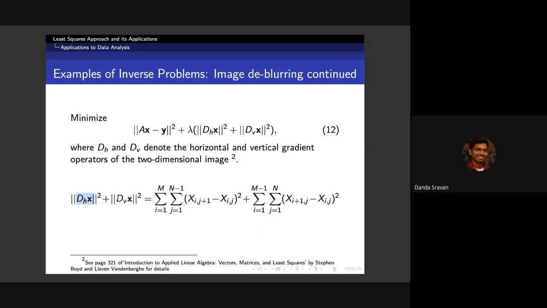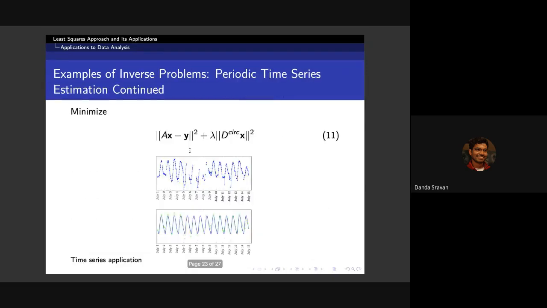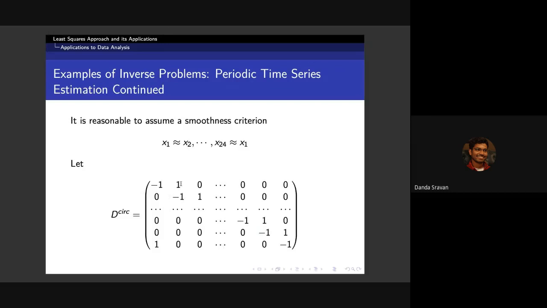This DH and DV matrices I didn't write here because, to write, it's a space consuming thing. So the basic idea is the same as this D circ, something like this.